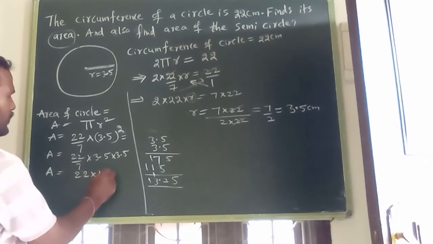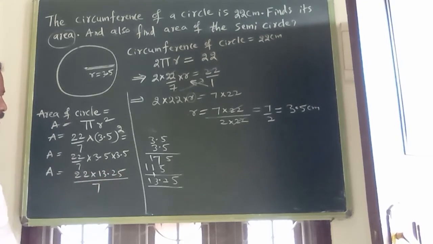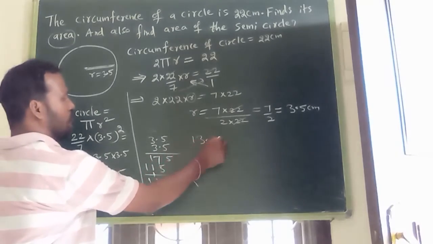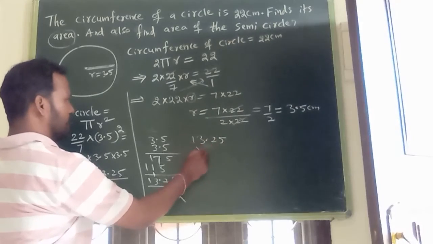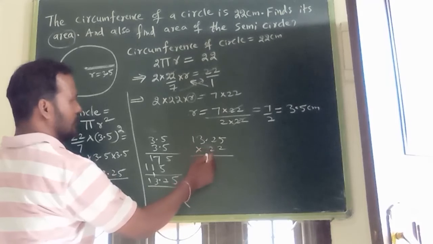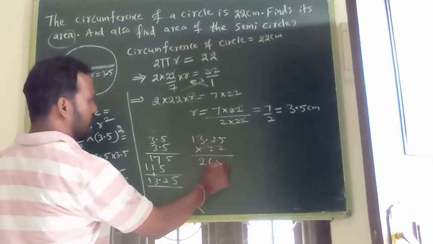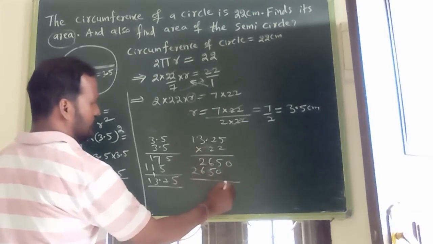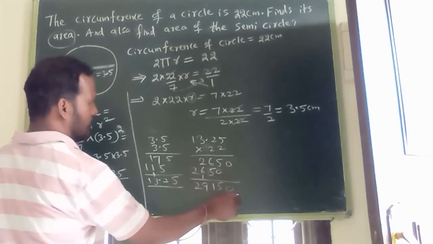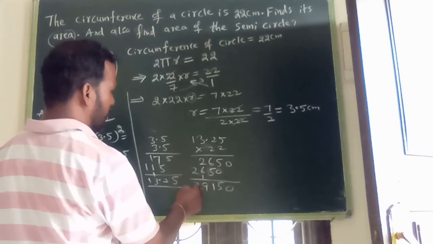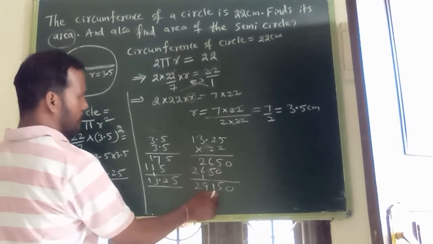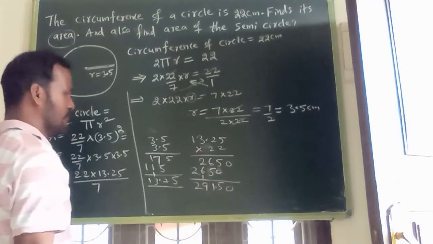So A is equal to 22 into 13.25 by 7. Again we have to multiply 13.25 with 22. That gives 291.5.